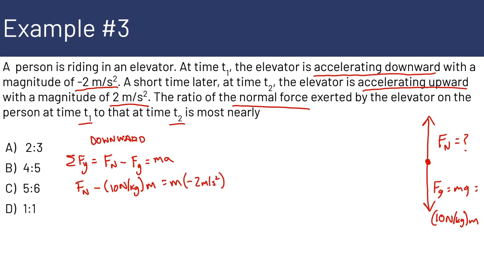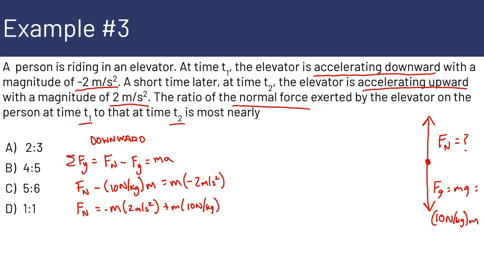Okay, so let's go ahead and add our gravitational force to the right side. So we have Fn is equal to minus m times 2 meters per second squared plus m times 10 newtons per kilogram.